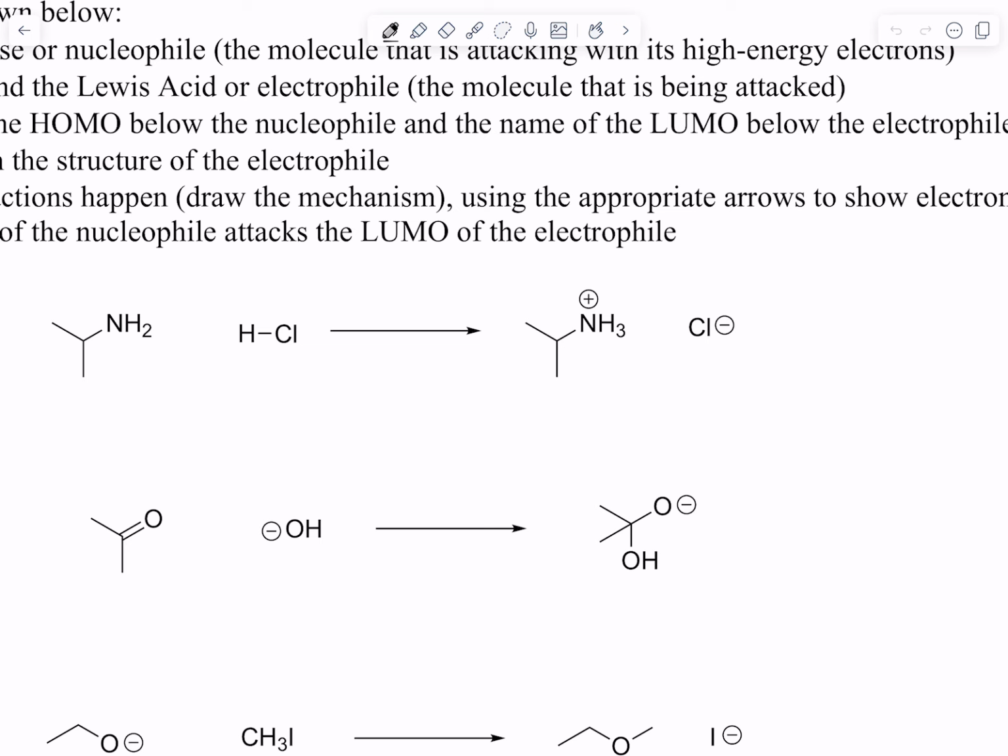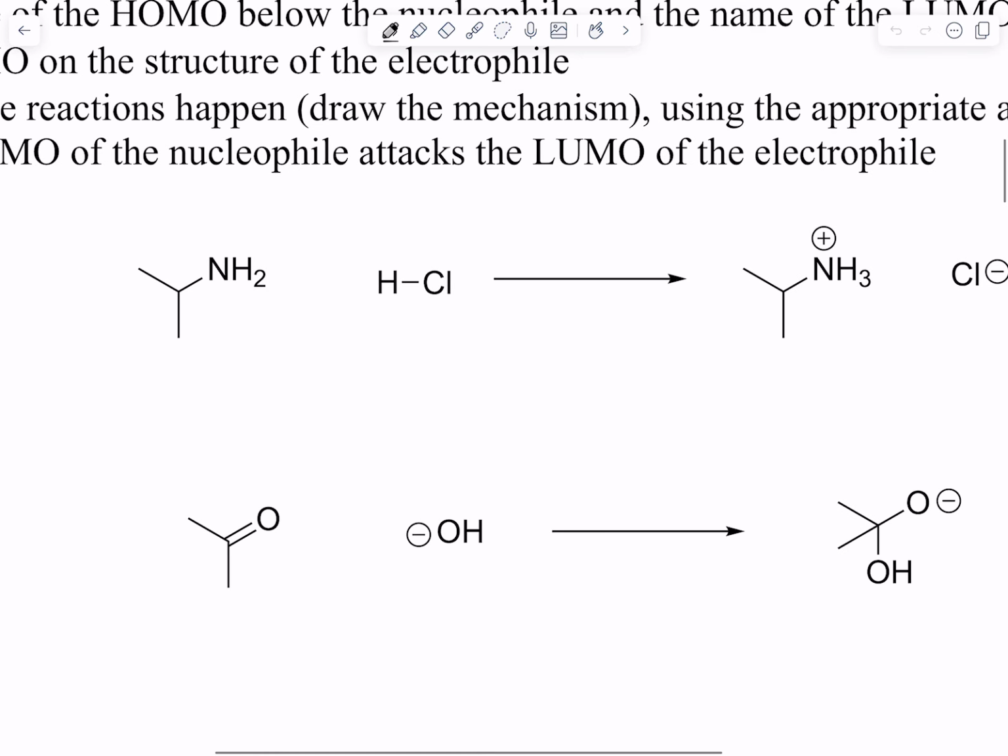All right, what do you think? Of just the top reaction, which one is the nucleophile? It's the one with the NH2 group? Okay, how can you tell that that was the case? It's got a lone pair, but what about chloro?